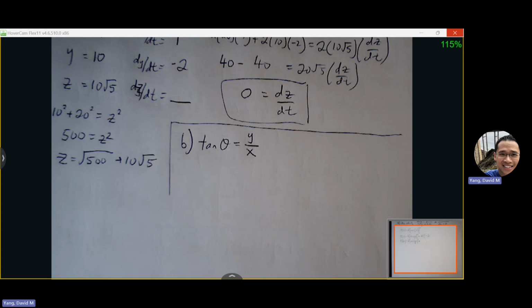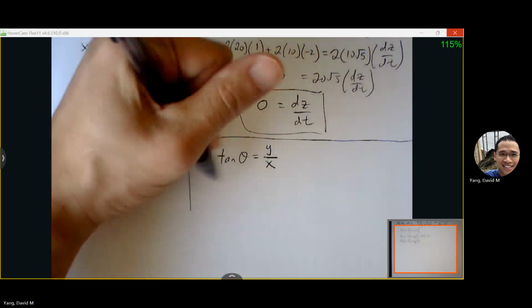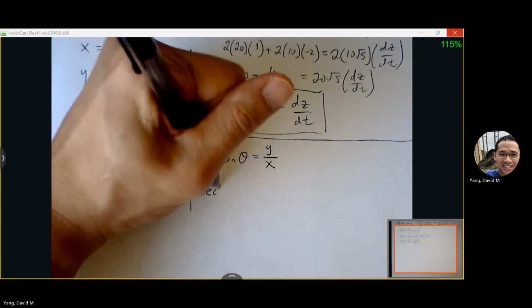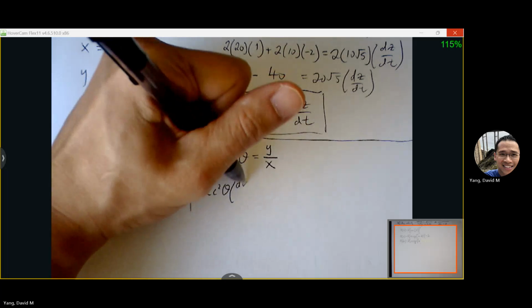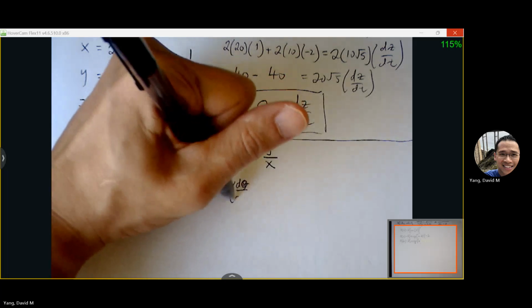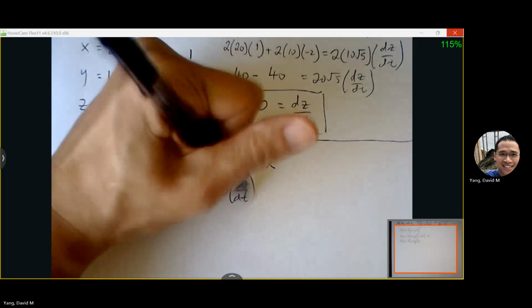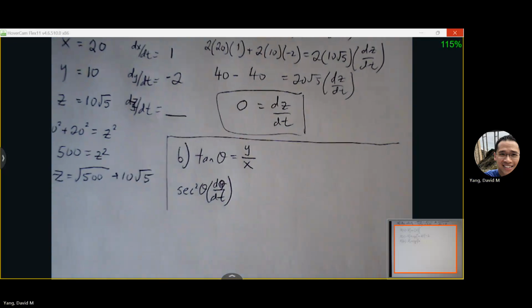Okay, so tangent's derivative is secant squared, d theta dt. Y over x, quotient rule.